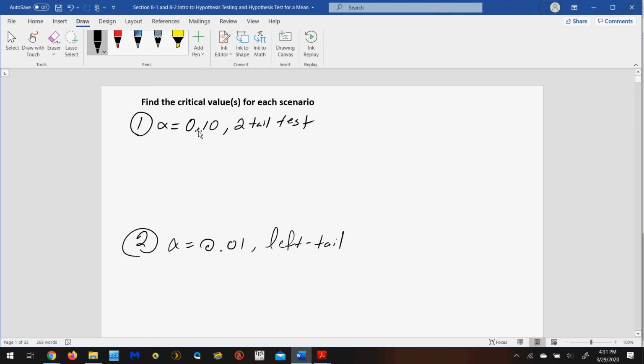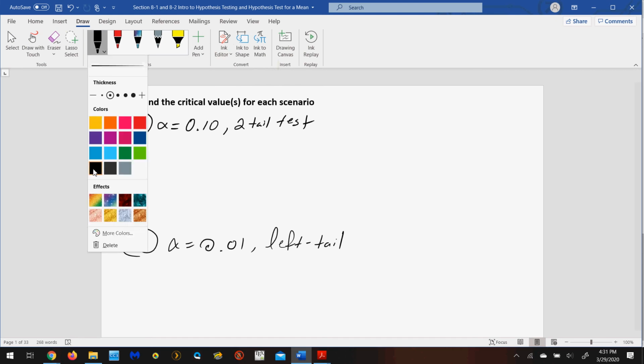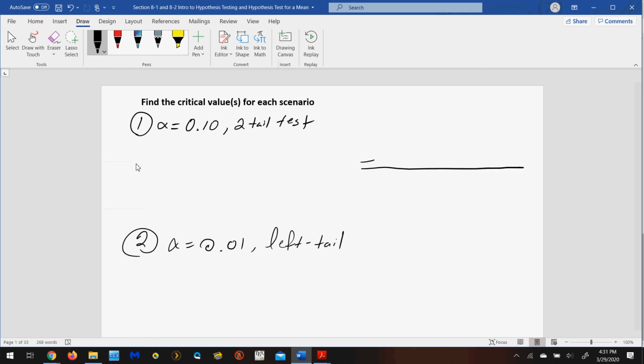So for this, since it says two-tail test, I will have the normal curve. And since it says two tails, that means I'm going to have a cutoff on the left and a cutoff on the right.